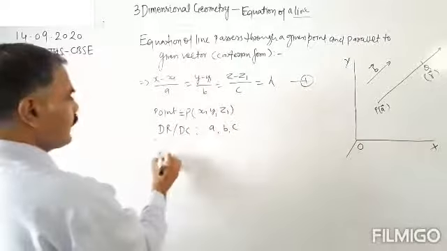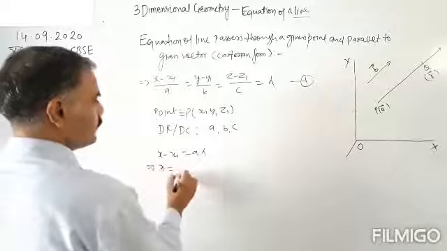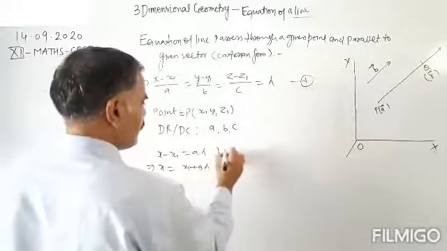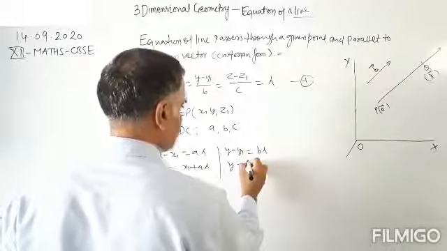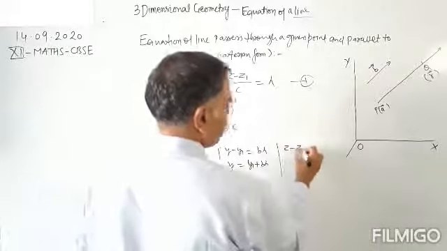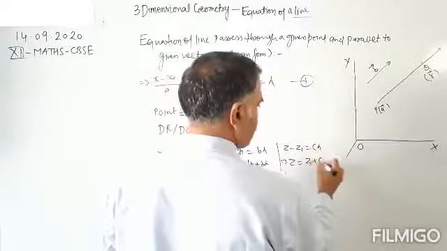That is, x minus x1 equals a lambda, meaning x equals x1 plus a lambda. Similarly, y minus y1 equals b lambda, meaning y equals y1 plus b lambda. And z minus z1 equals c lambda, meaning z equals z1 plus c lambda.